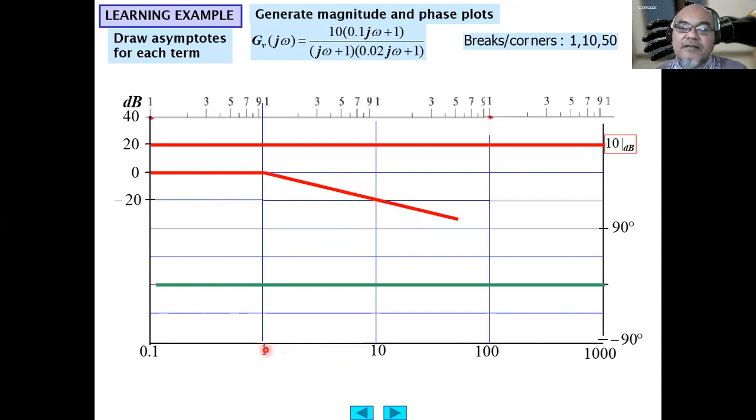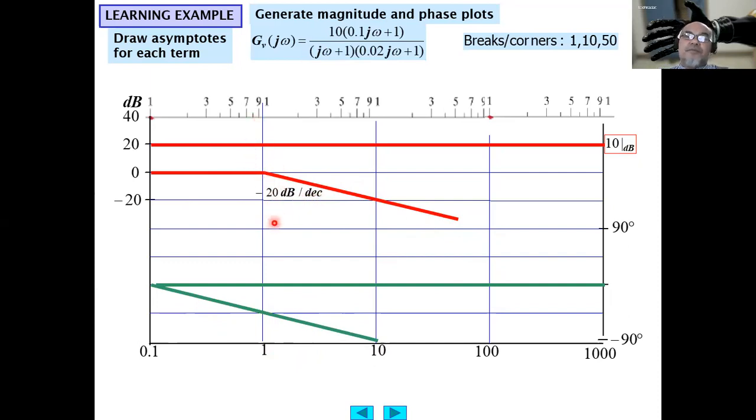So per decade here, we say after 1 radian per second, become 10 radian per second, it decreases by 20 decibel. Further to 100, it decreases by 20 decibel. Minus 20 decibel per decade.